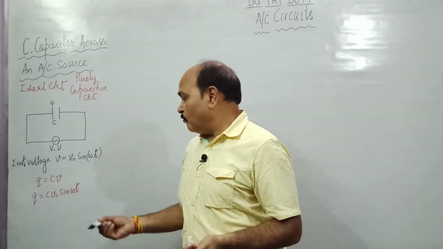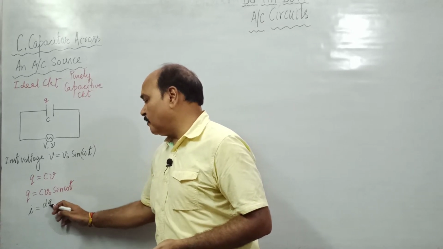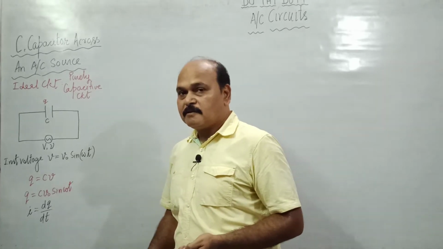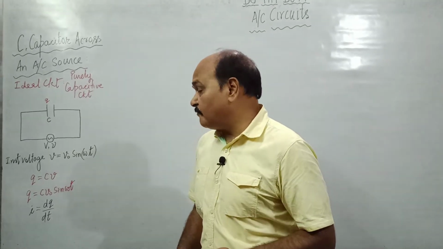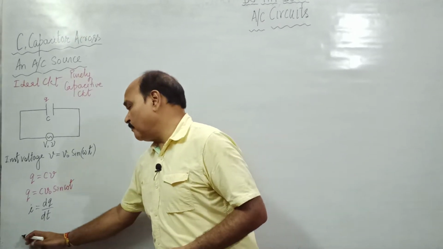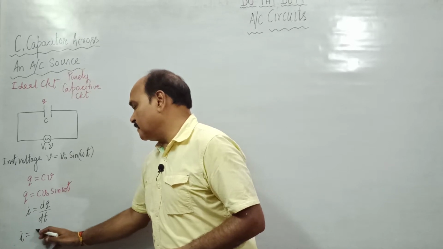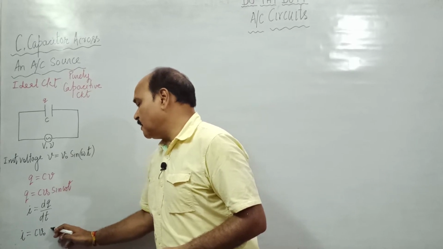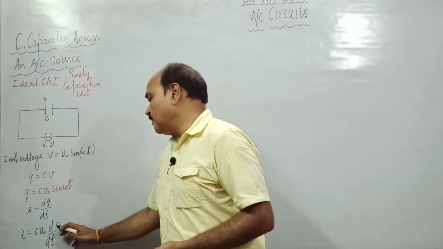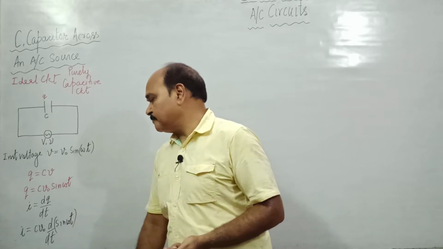Well, what is current I? This current I, we all know, is the rate of change of charge. So dq by dt, the first order differential of charge with respect to time, is current. So the current in the circuit is I equals dq by dt, that is C V naught times the differentiation of sine omega t with respect to time.